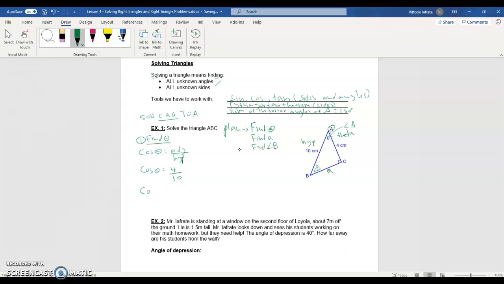So we know that theta is going to be equal to the inverse cosine of 4 over 10, which is going to be, let's take our calculator out, make sure it's in degrees mode first. So we're doing second function cos, brackets, 4 over 10. You can do divided by 10 or use your fraction symbol. Close the bracket, and we get 66.42.